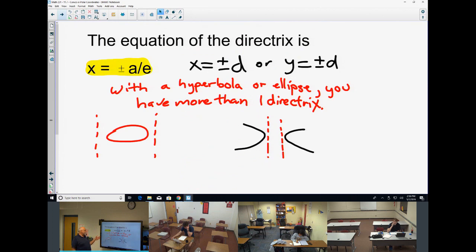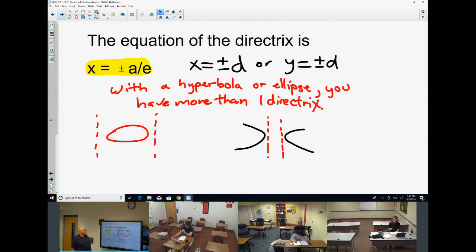When we talked about the ellipse or the hyperbola, I didn't even talk about the directrix because there's actually 2 of them. But usually when we find one focus, then we can find the directrix closest to it, is kind of how we do that.